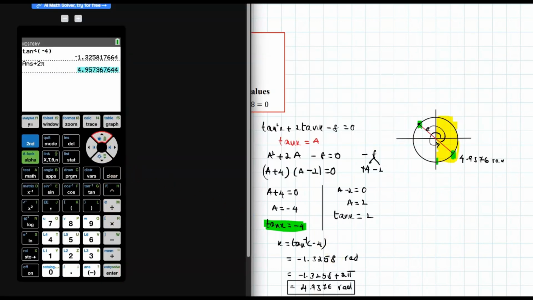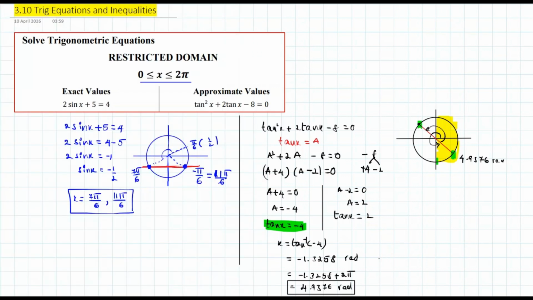We have to add pi, and that gives 1.8155, which is the other angle we have.